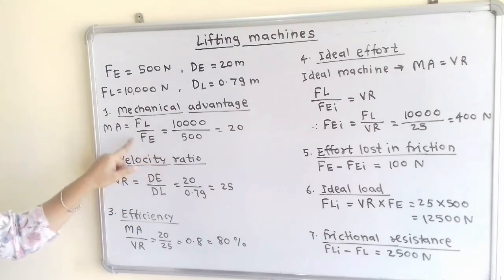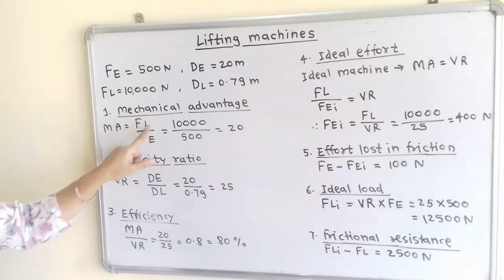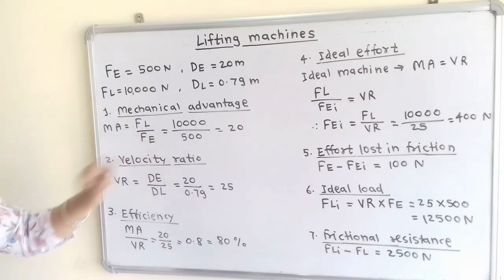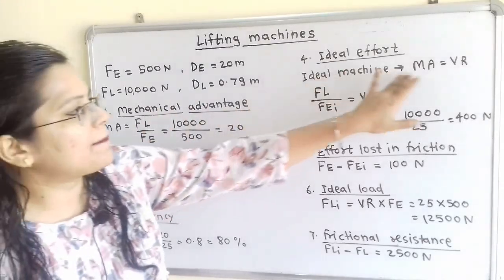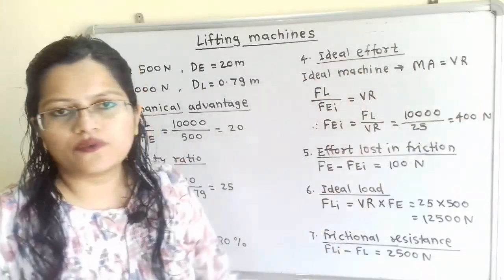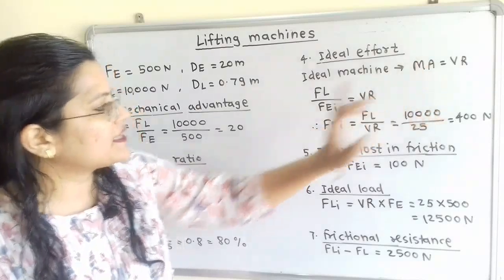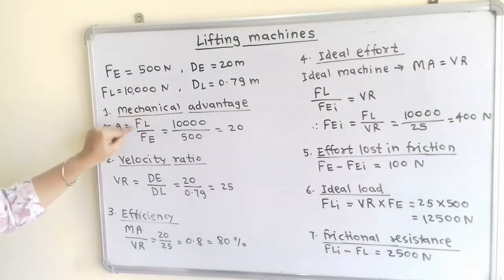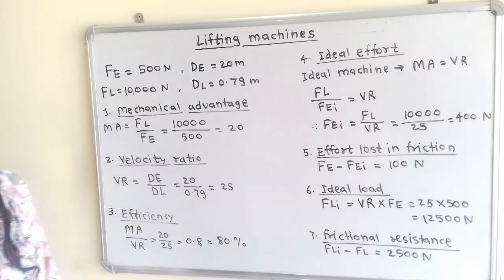So for ideal machine we can say FEI. So FL by FEI is equal to VR. We will first apply the rule for ideal machine, MA is equal to VR. What is MA? Mechanical advantage. Here the load will remain the same, but the effort we have to find out.